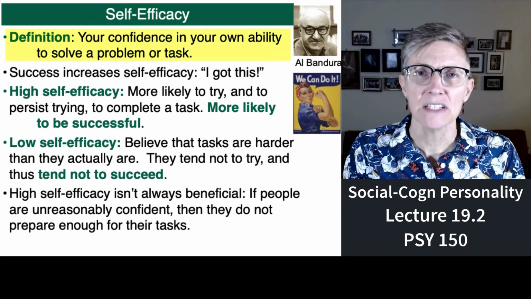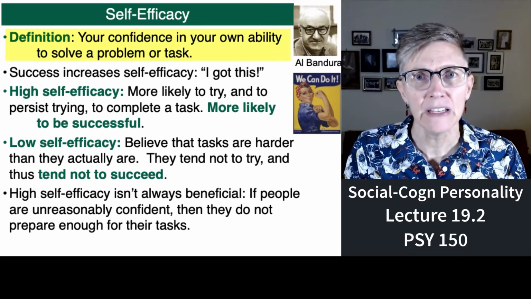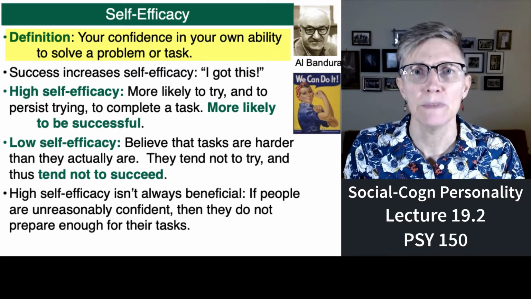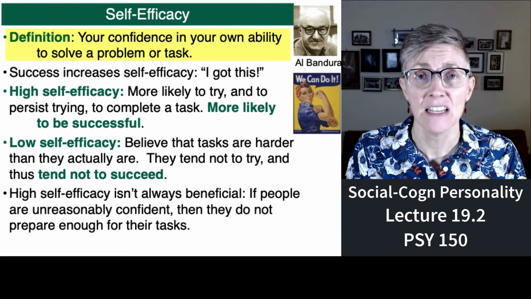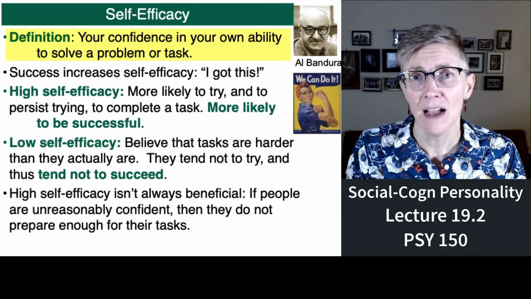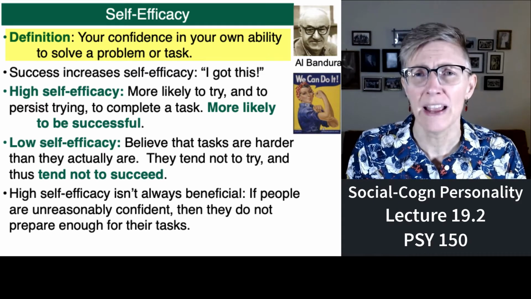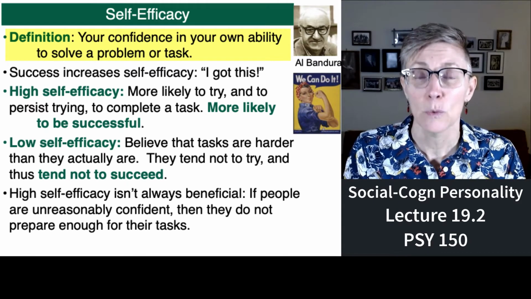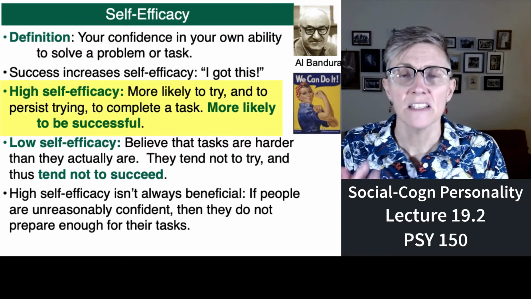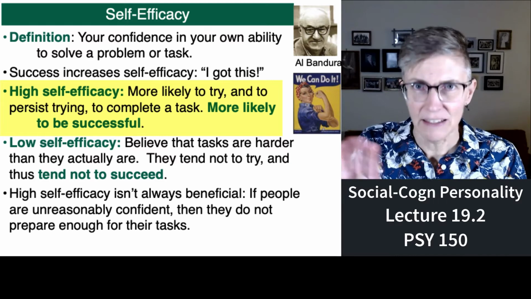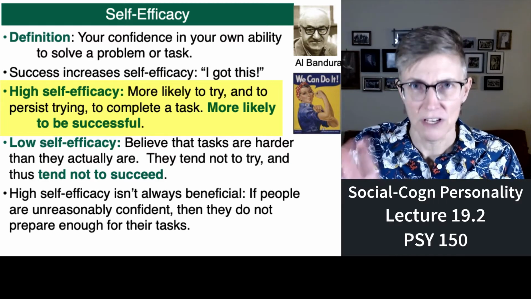Now, self-efficacy is your belief in your ability to do some task. So, for example, I have high self-efficacy in lecturing, but I'm a little dyslexic, so I have low self-efficacy when it comes to reading. So, high self-efficacy is the sense that, I've got this, I can do this. Don't worry, it's under control.